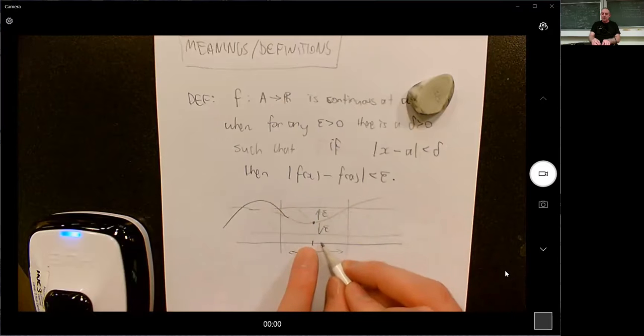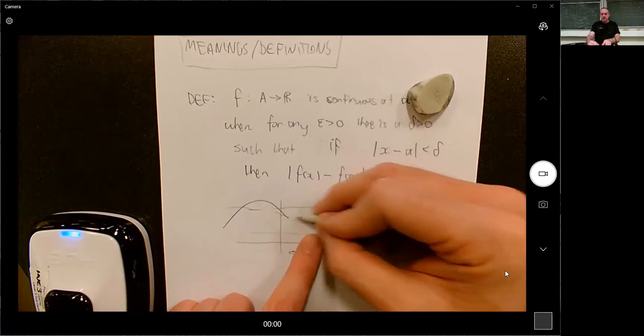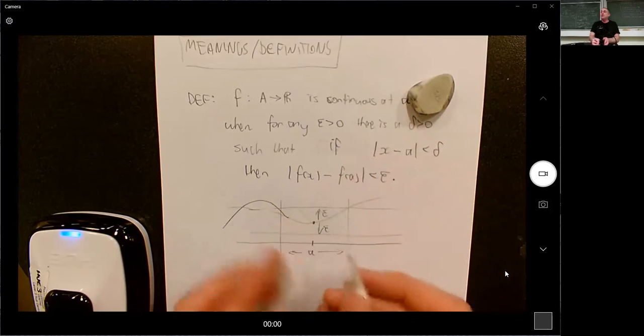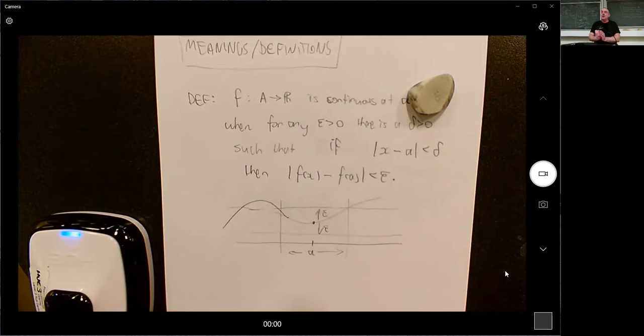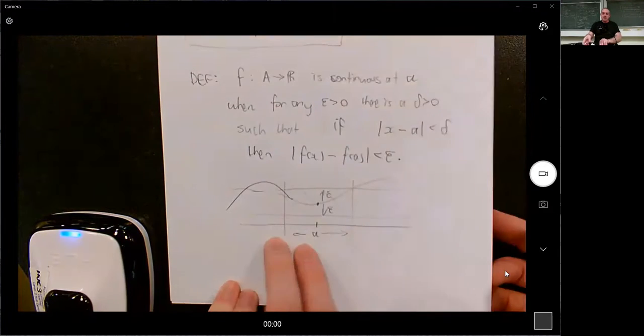And however small that epsilon is, there's a new delta that fits all of the function values within that zone. So that's what it is there.